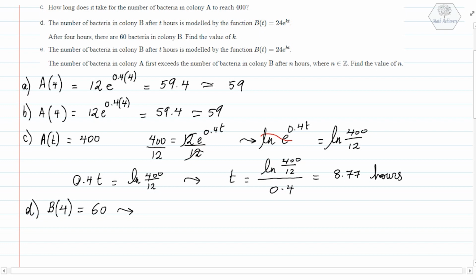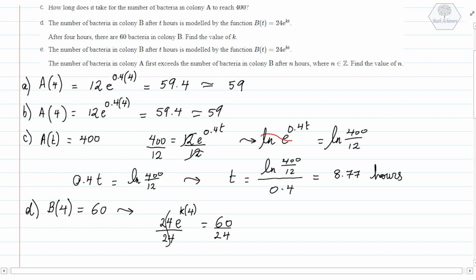My function is, I have 24 e to the power of k times 4 is equal to 60. Now we have to divide over 24 over 24.